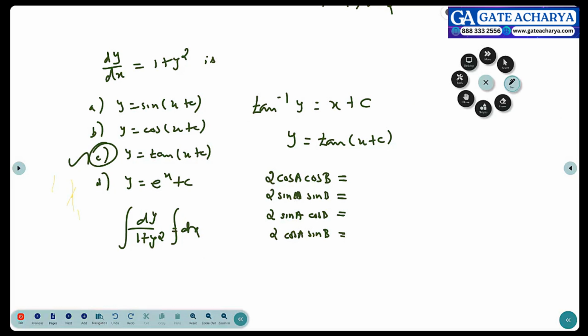Then the answer is cos A plus B plus cos A minus B. Both are cos, then cos A plus B plus cos A minus B.